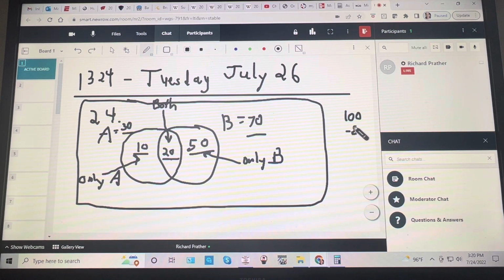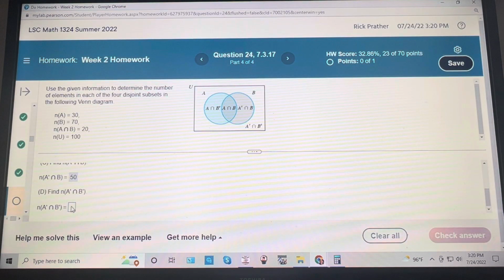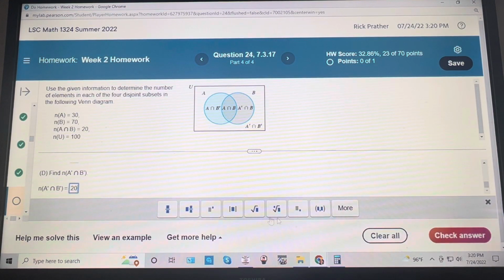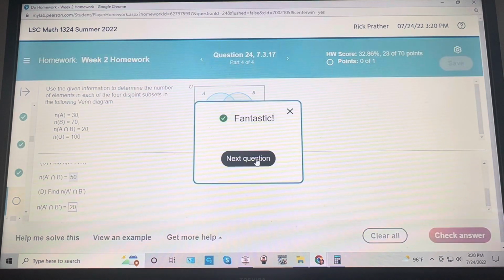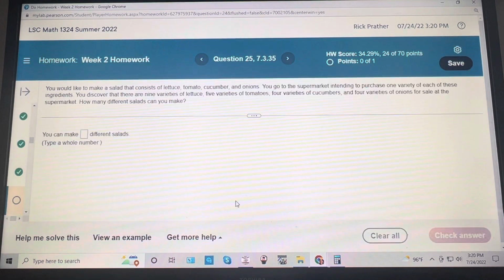So 100 minus the 80 inside the circles is 20 that are not inside the circles. And that's all the people that don't like chocolate or vanilla. So that's 20. And that's it. There could have been other questions, but the whole purpose of that problem is that's how you fill out a Venn diagram.